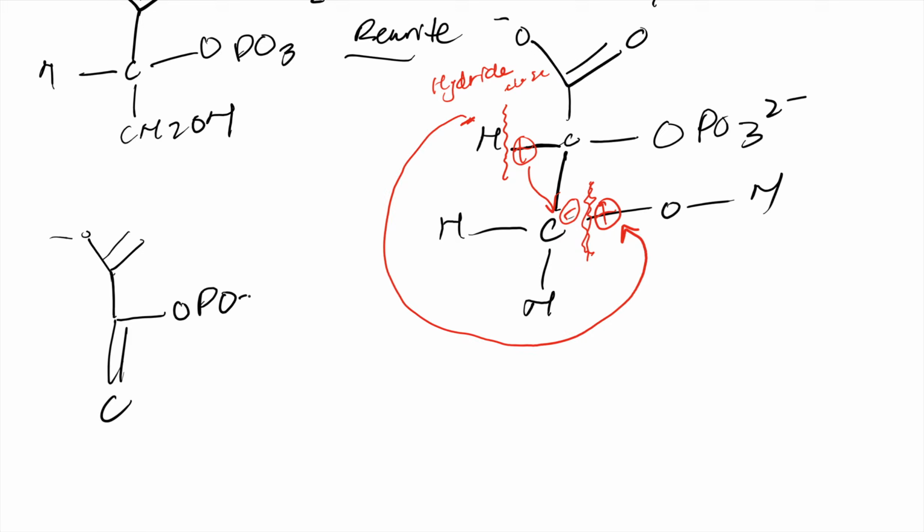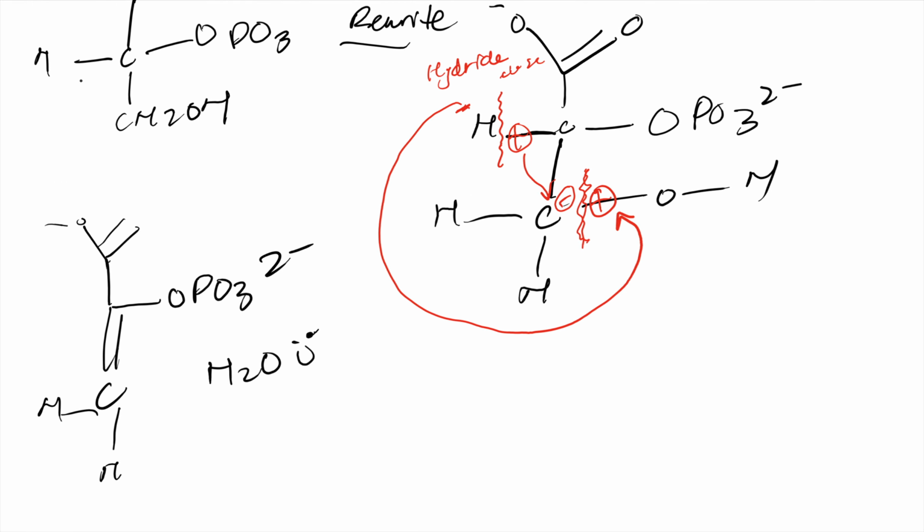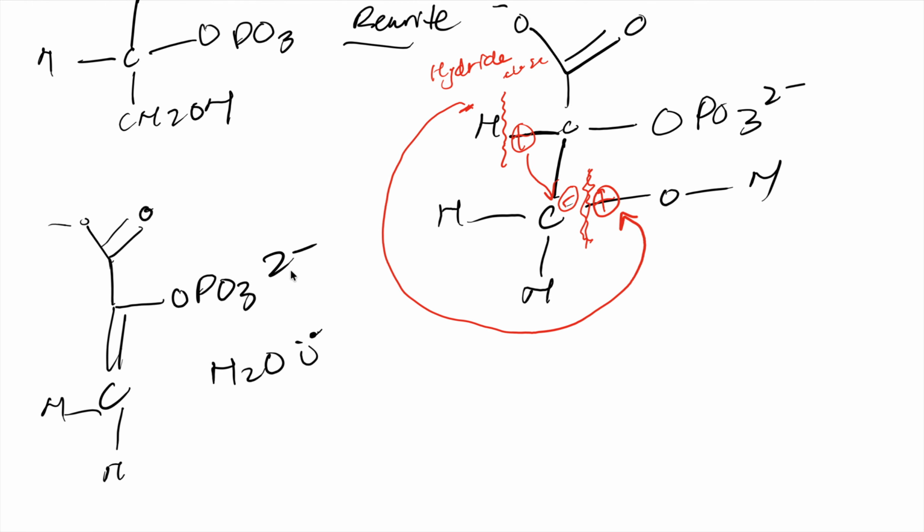Cool, right? And then we have as a product some H2O. Yeah, we get some water in this product. So don't forget to draw the oxygen here, right? Let's not forget about that.